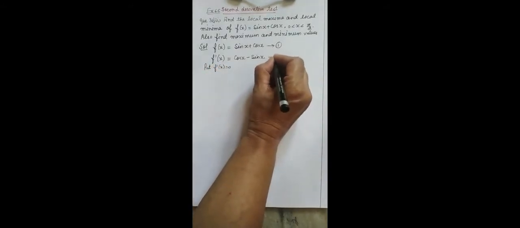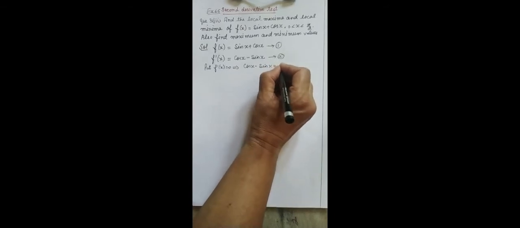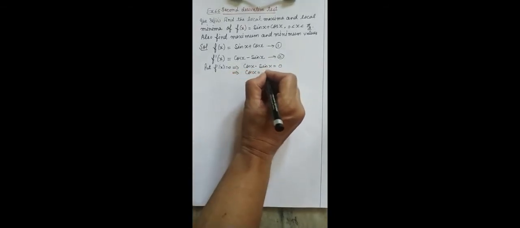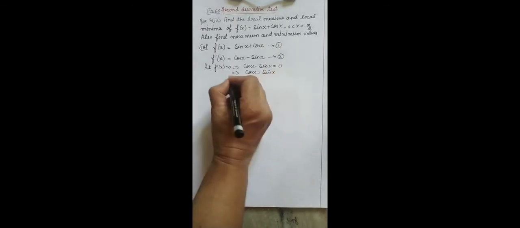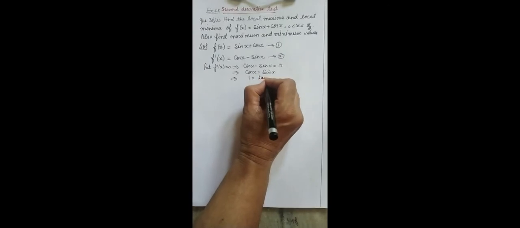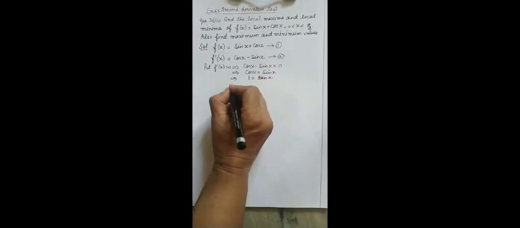I mark this as 2, for finding the critical points. So cos x minus sin x will be equal to 0, which implies cos x is equal to sin x. Now dividing both sides by cos x, I will be getting 1 is equal to tan x, or it may be written as tan x is equal to 1.